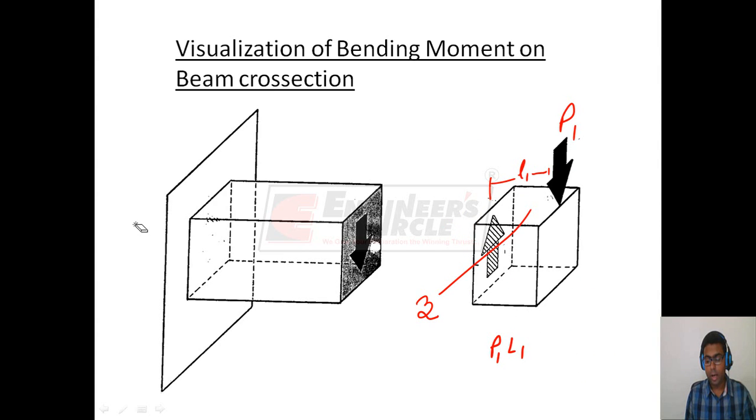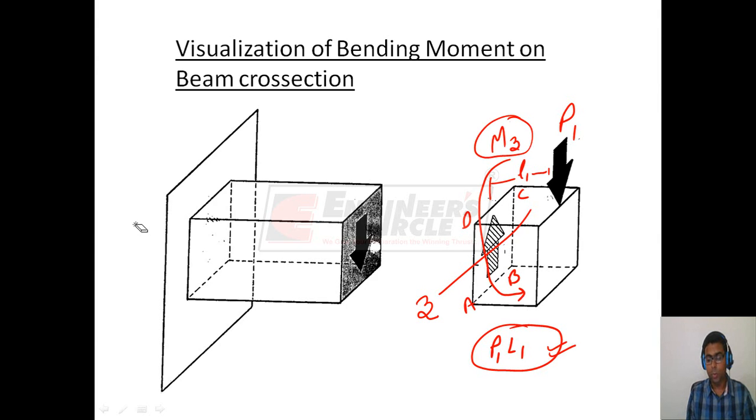So this P1 into L1 is the external moment that is acting on the cross section A, B, C, D. To balance this external moment, an equal and opposite internal bending moment must be acting on the cross section A, B, C, D. Now this external moment P1 L1 is trying to rotate the element in clockwise direction. Therefore the internal moment on the cross section ABCD must be acting in anti-clockwise direction. So this is MZ, that is internal moment to oppose this external moment P1 L1.